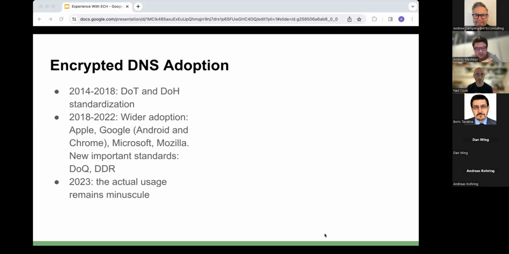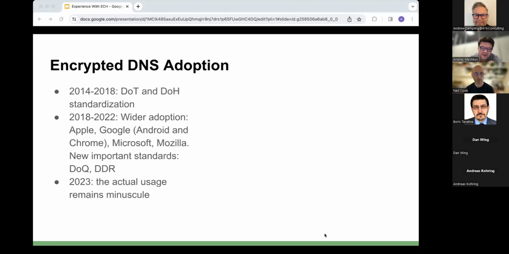I didn't mention it on this slide, but DNSCrypt is also an important milestone. From that time to about 2018, there's a lot of work on protocol standardization. DoT becomes a standard. Then in 2016, DoH becomes a standard, probably not in 2018.